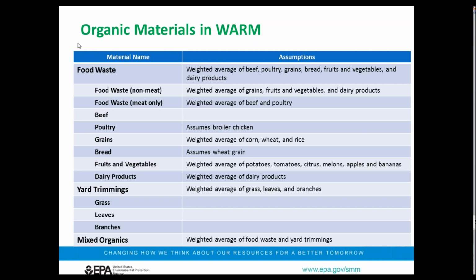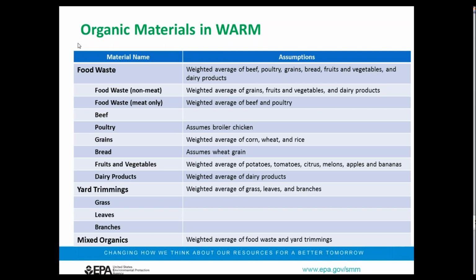And this is meant to represent the national average mix of food materials that are in the municipal solid waste stream. This was developed from data in the USDA's Loss Adjusted Food Availability Report to get the latest data we have on the weightings of different food materials within the food waste stream.